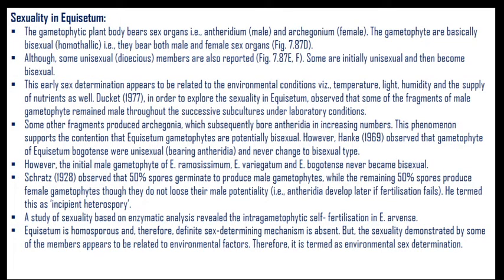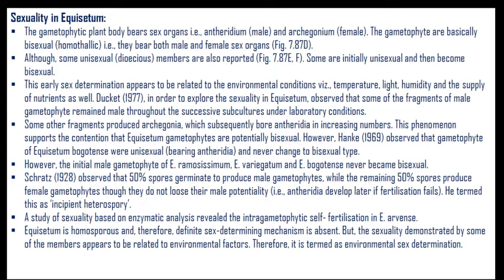In sexual reproduction, the Equisetum gametophytic plant body bears antheridium, that is the male gametophyte, and archegonium, that is the female gametophyte, or if they are found on the same thallus, it is monoecious.